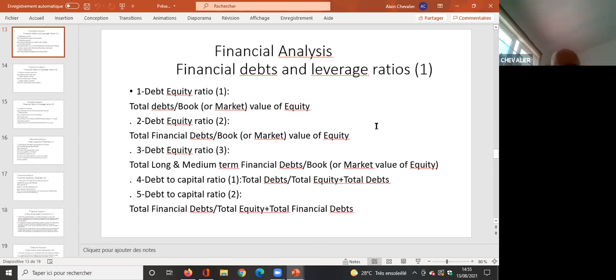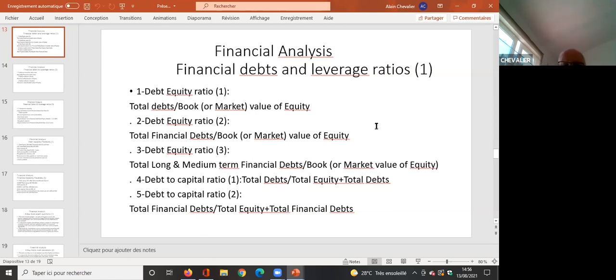That's what you will do with biotechnology. Book value of equity, or if I give you in that case the market to book value ratio, we will be able to calculate the market value of equity, and the ratio will become total financial debt divided by market value of equity.